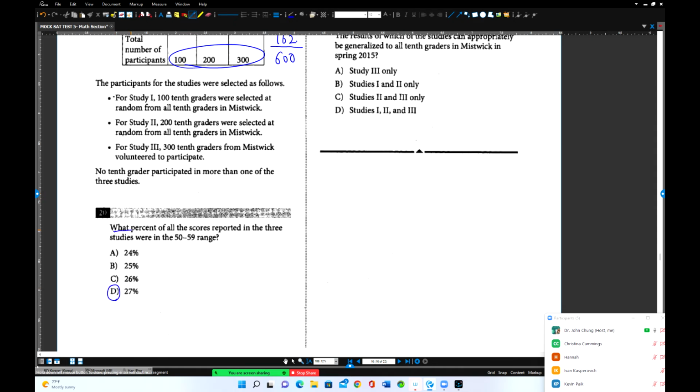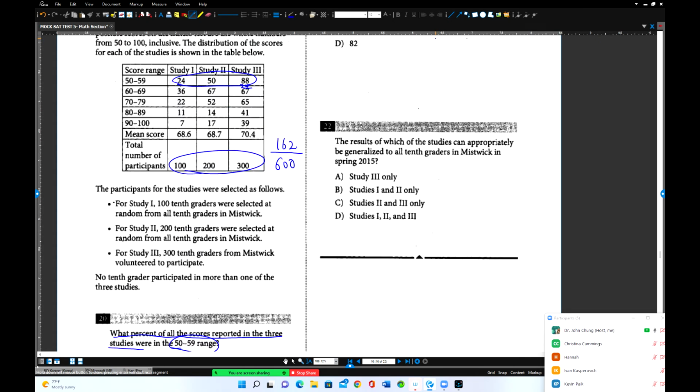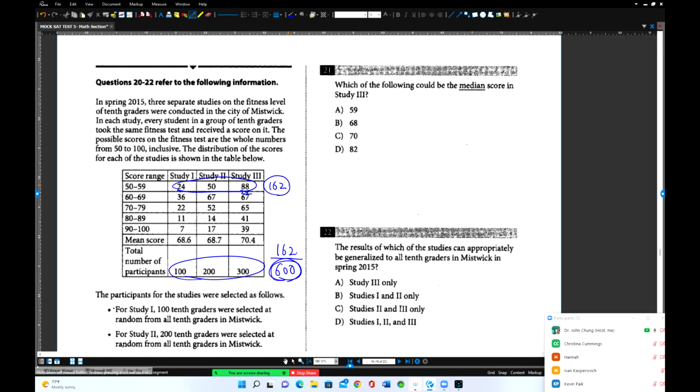We don't care about which study it is, 1, 2, 3, okay? All 3, this is 162, the total is 600. So 27%. Okay, next, number 21.